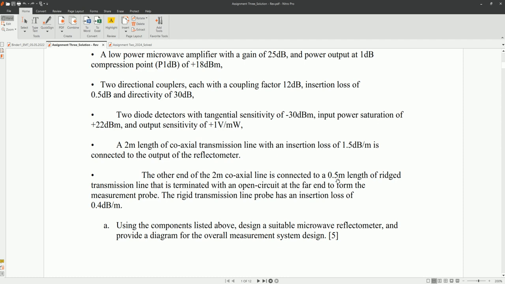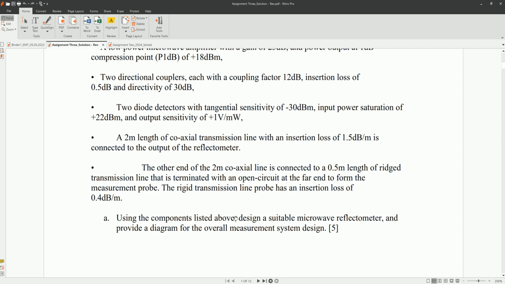You can see that it is a 0.5 meter length of the rigid transmission line. This 2 meter coaxial line is connected with the 0.5 meter line having this loss. So we multiply 0.4 dB per meter with the length, which is half, so the insertion loss will be 0.2 dB.